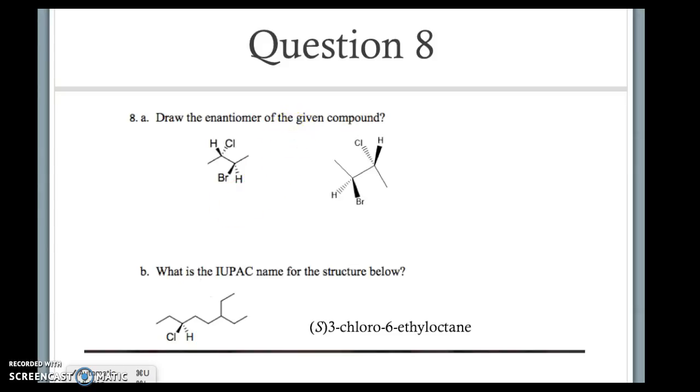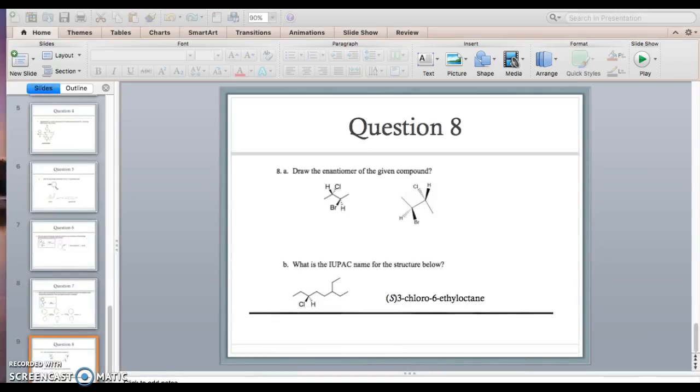So one thing that I have done is we break this up here. That way, here's our mirror. This right here is our enantiomer. This is the mirror image that no matter which way you spin it, it will not be superimposable upon each other.